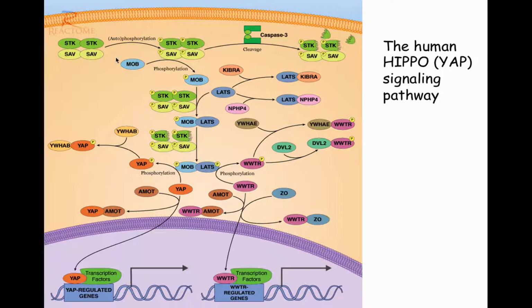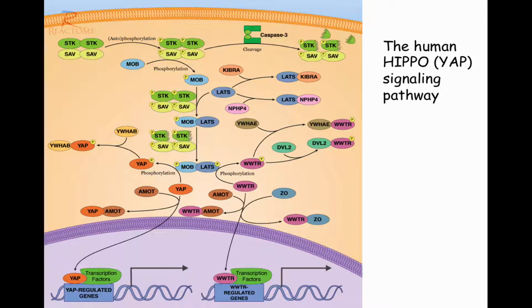This particular signaling cascade actually comes to bear on two transcription factors, YAP and WWTR, which sit in the cytosol, and from the cytosol, by default, are free to progress into the nucleus, where they will form complexes with other transcription factors that are already present in the nucleus and activate the expression of a number of genes that have growth-promoting downstream features.